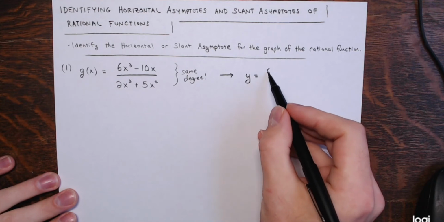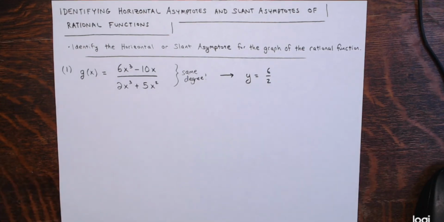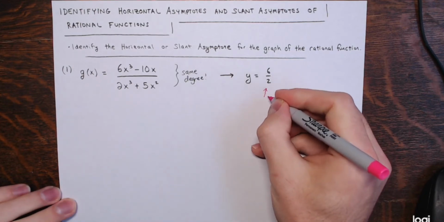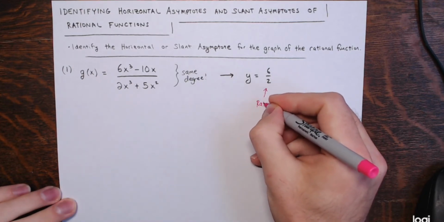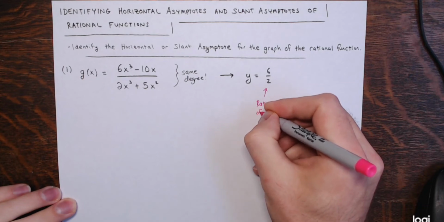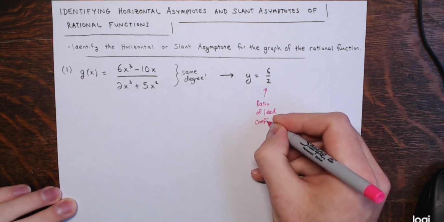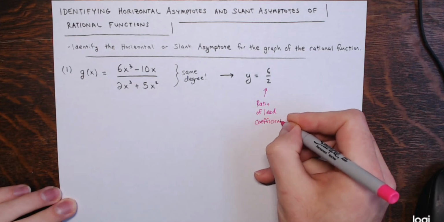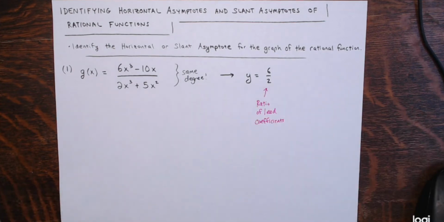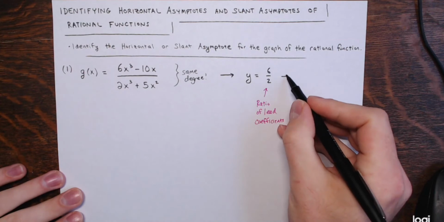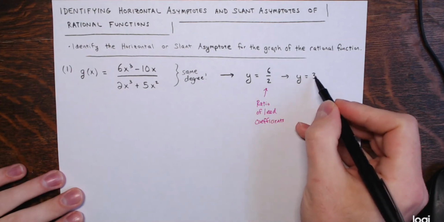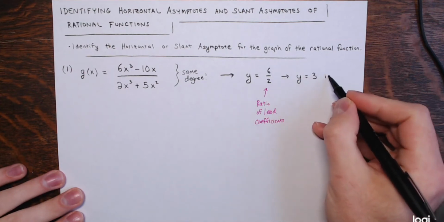Y equals 6 divided by 2. Again, this is just the ratio of the lead coefficients. Y equals 3 will be the horizontal asymptote for this function.